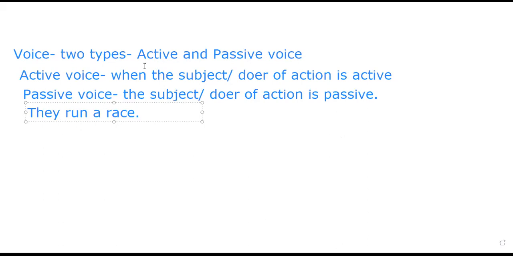In this sentence, they is subject. Run is verb.